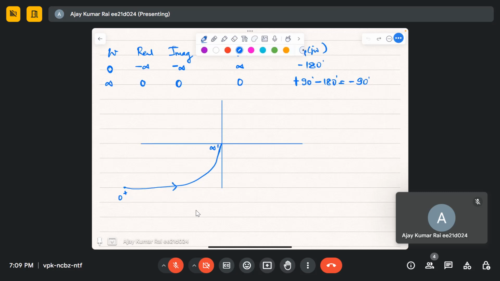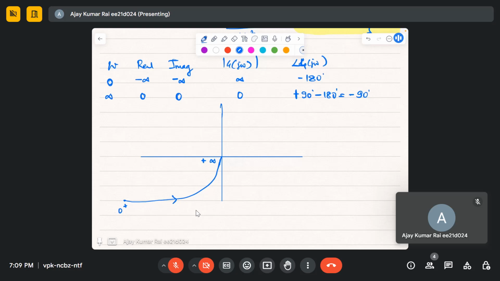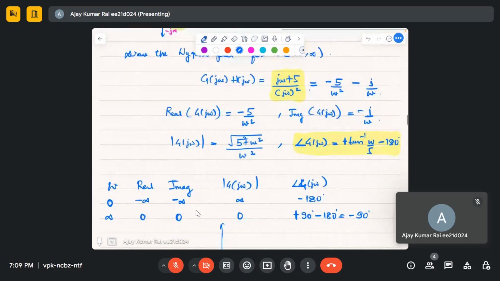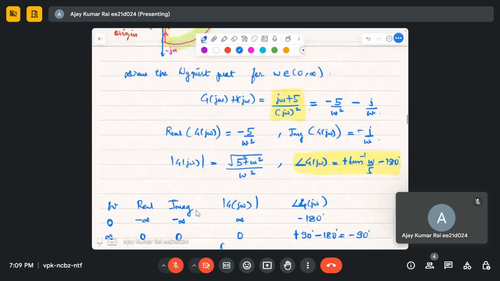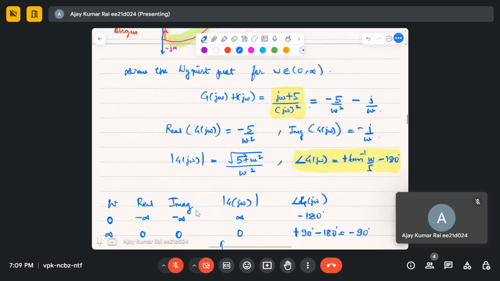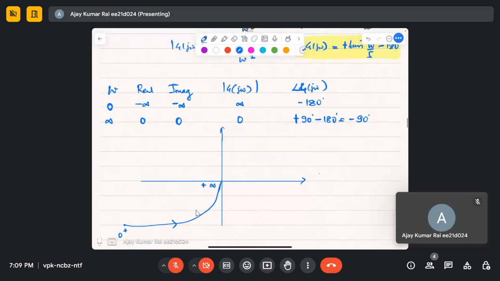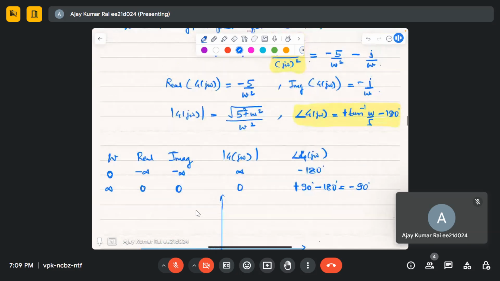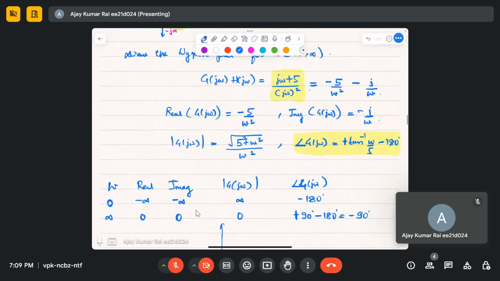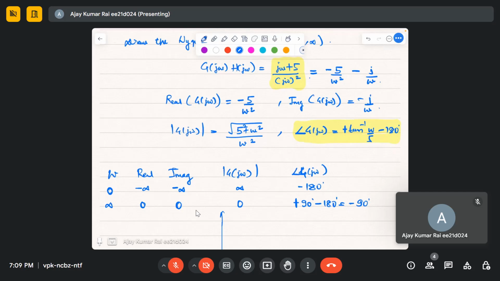Okay, plus infinity, let me write. So if you try to construct for minus infinity to 0, what you'll get, you can put minus infinity in the real and imaginary.